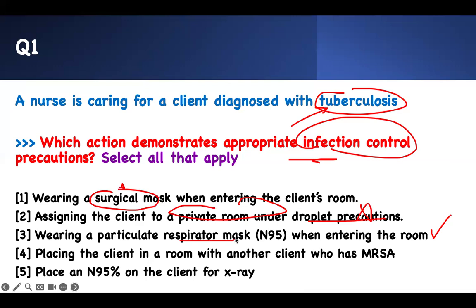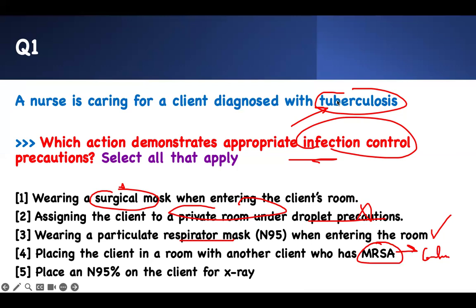Placing the client in the room with another client who has MRSA. MRSA is transmitted by what? Contact. You cannot put airborne and contact together, right? I will explain to you, even with airborne, you don't want to put two airborne together. But for the sake of this question, MRSA is contact and TB, which is airborne, cannot be together.